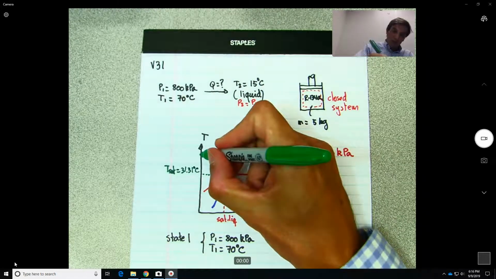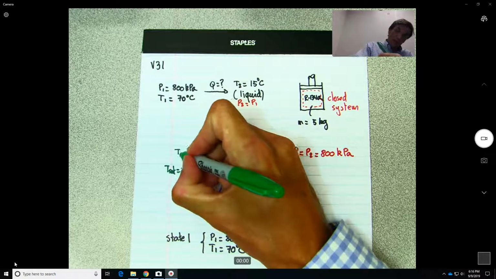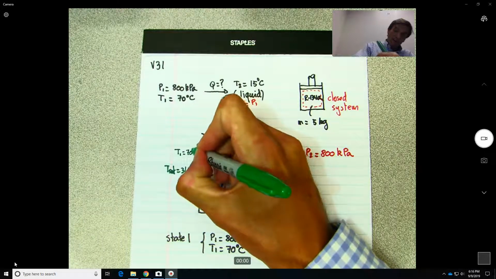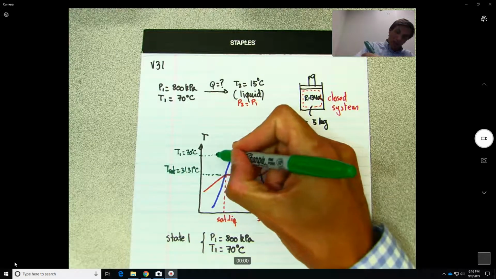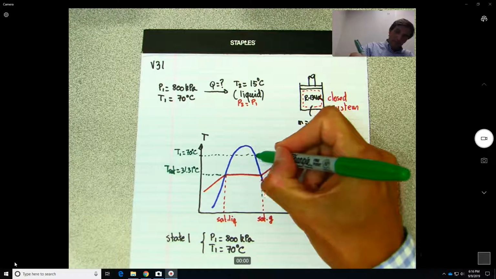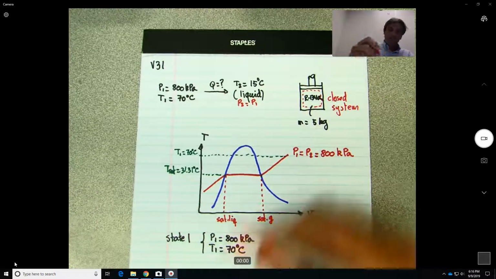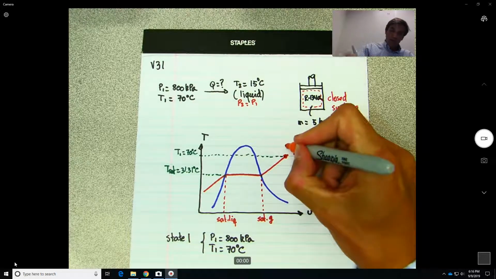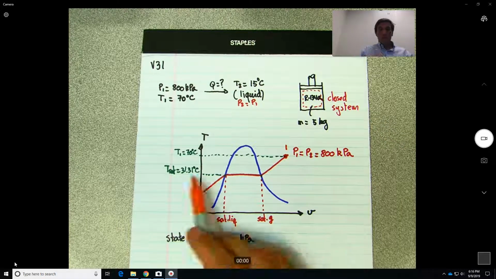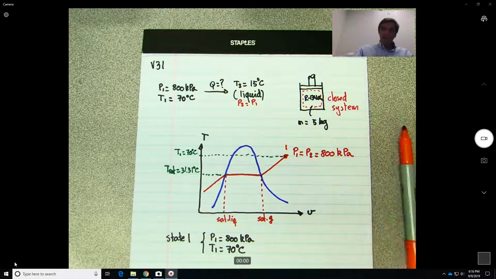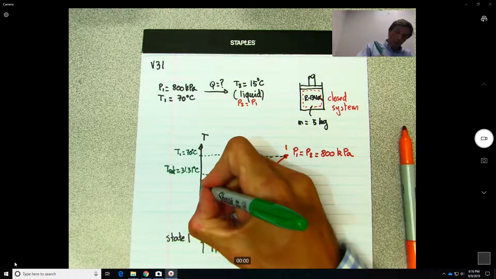So we'll be somewhere over here. So T1 equals 70, and we know right away that our state will be in the superheated region over here, and this is 1. And we know this is 31.31. Our last temperature will be over here.